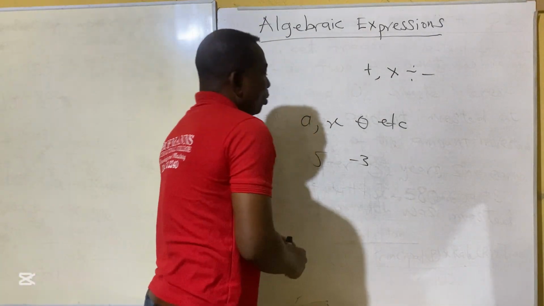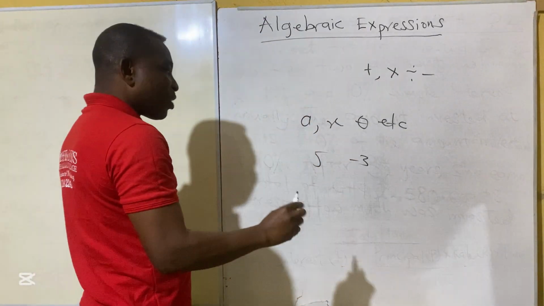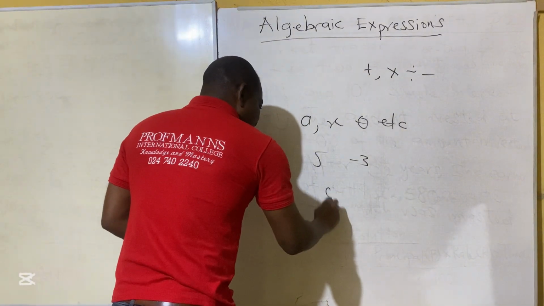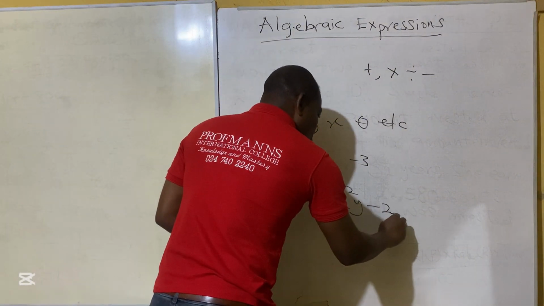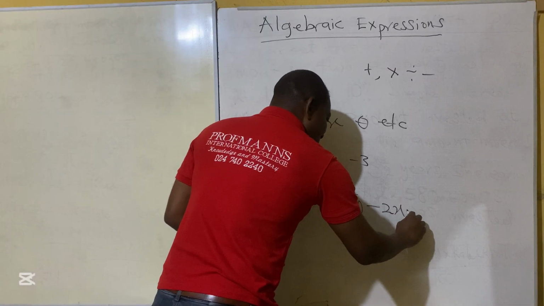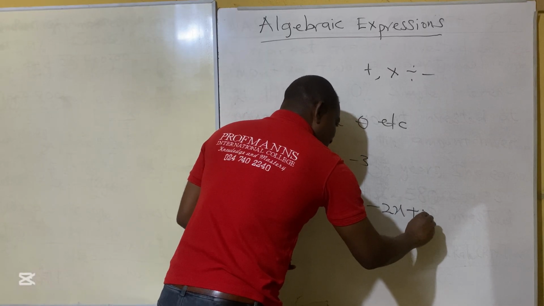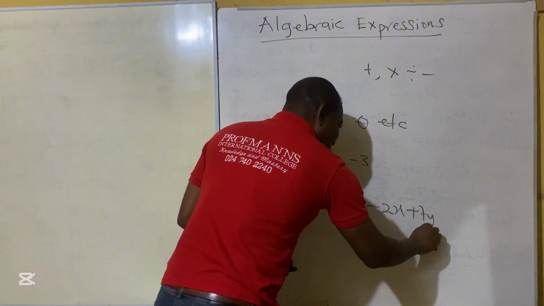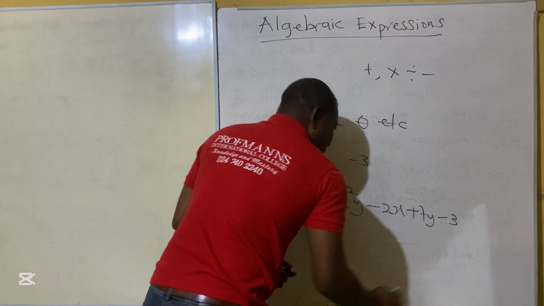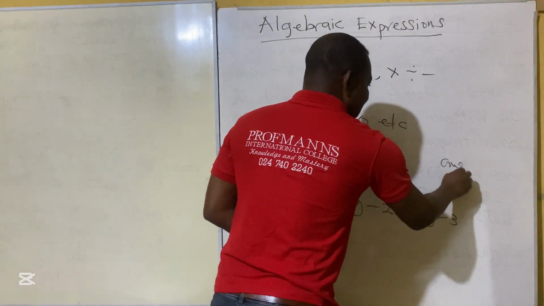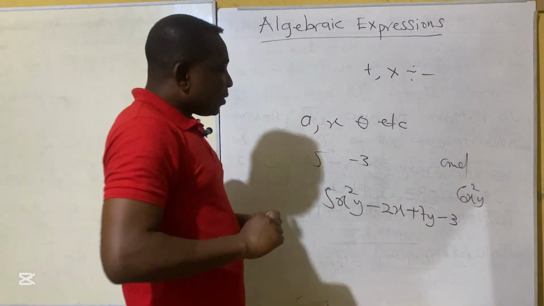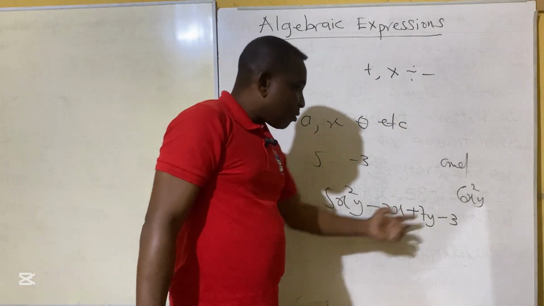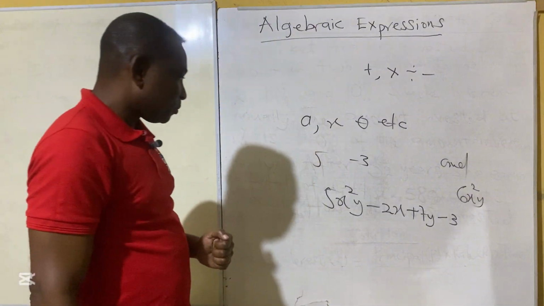Now, an example of an algebraic expression is 5x squared y minus 2x plus 7y minus 3 and 6x squared y. These are examples of algebraic expressions.